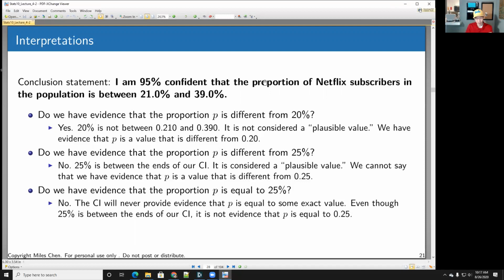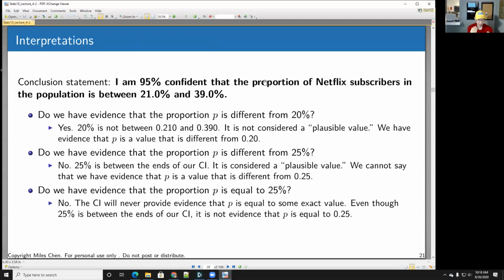We're trying to make that conclusion based on a single sample of, say, 100 observations here. When our sample is 30%, we can be confident that in the population, that value is somewhere around 30%. We're 95% confident that it's 30% plus or minus 9%. So we're confident that it's between 21 and 39%.